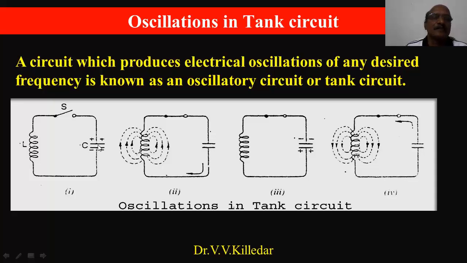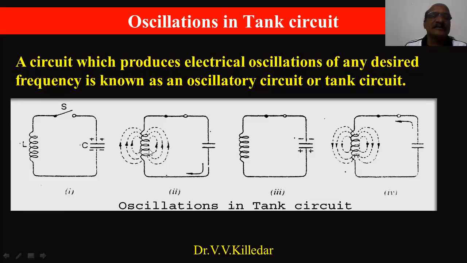But when the capacitor discharges through the coil, the electrical energy stored in the capacitor is converted into a magnetic field. And after some time, the discharge current becomes zero, and at that time the magnetic field collapses.